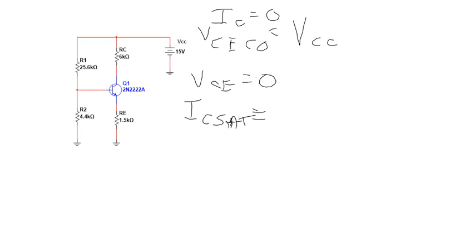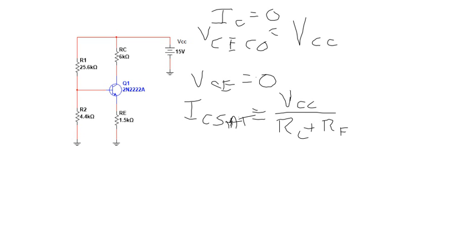Now, if VCE is 0, that means all my supply voltage has to drop across the two resistors. So the current is going to be the supply voltage divided by the two resistors, RC plus RE.